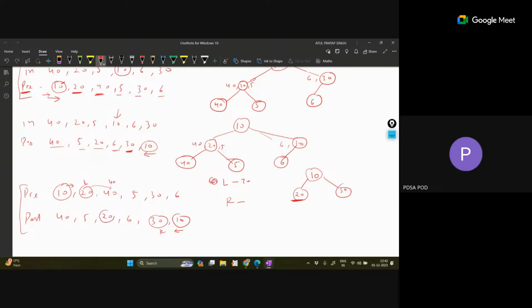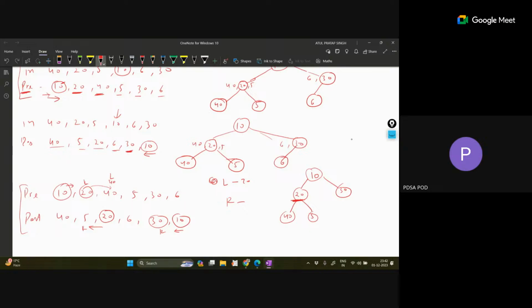And here, what is the value of the previous of this? Okay, so this is representing the right of the 20. So this is the L of the 20 and this is the R of 20. So based on that, we will just add this. So left is 40 and right is 5. Now this node is marked. Now we will check for 30.